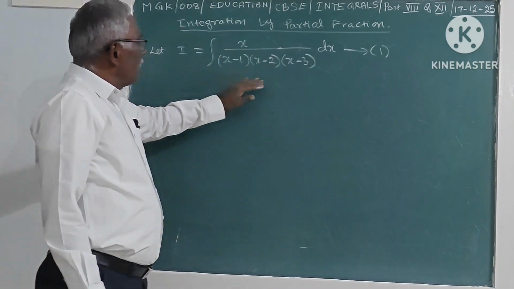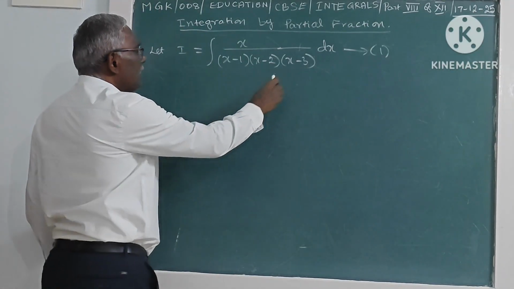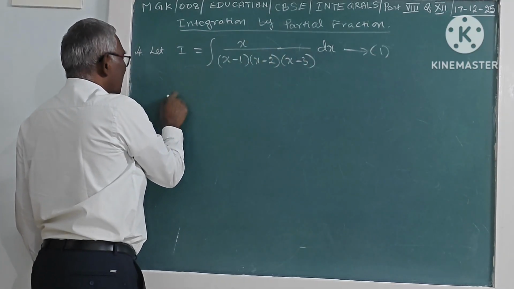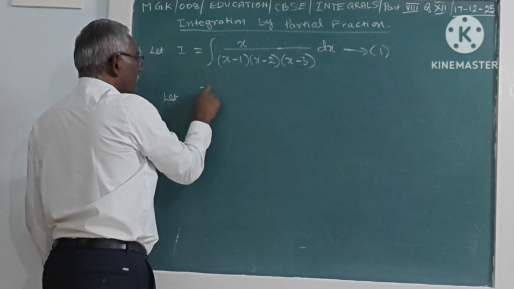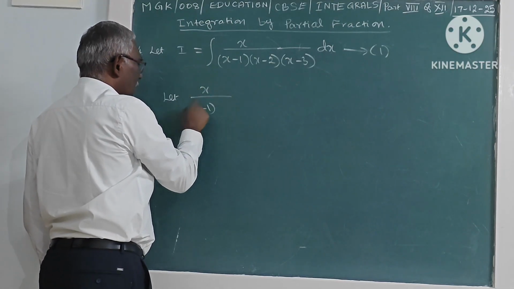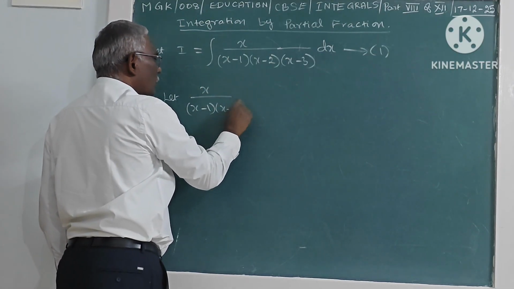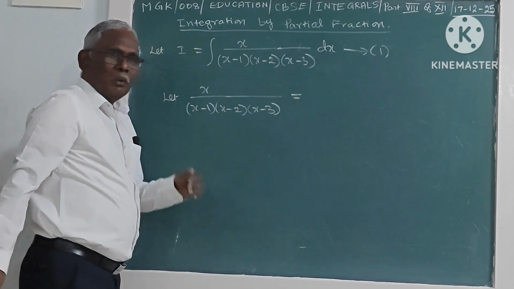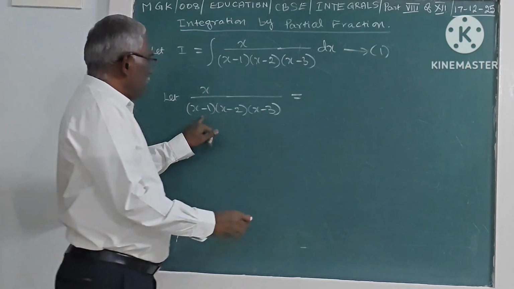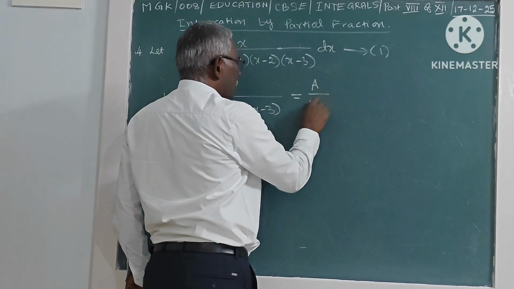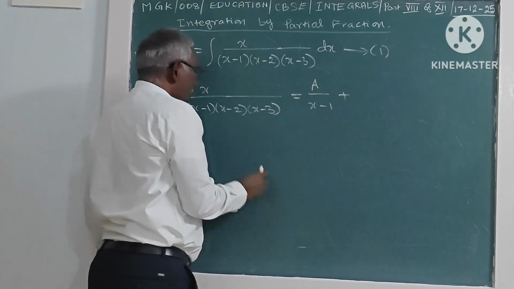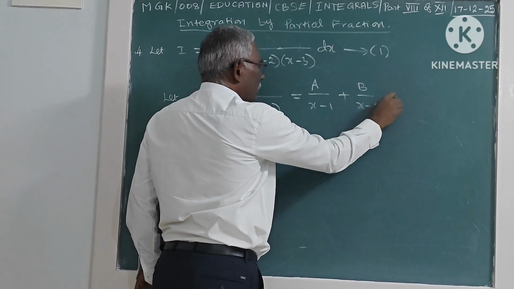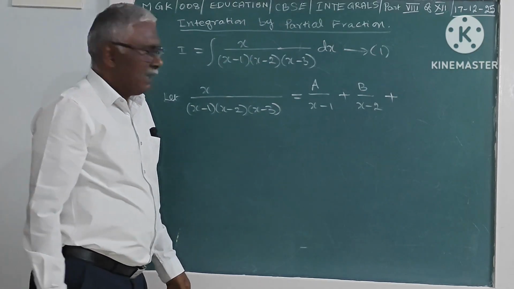So in this integral, we can write this rational expression, that is, x by (x minus 1) into (x minus 2) into (x minus 3), as A by x minus 1 plus B by x minus 2 plus C by x minus 3.